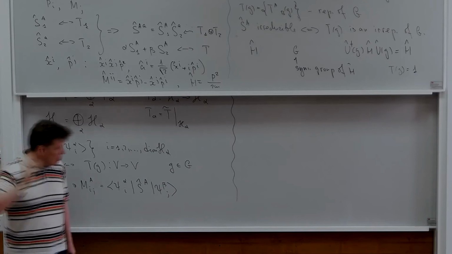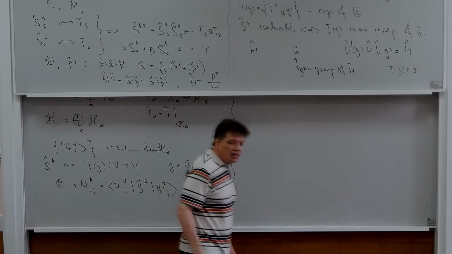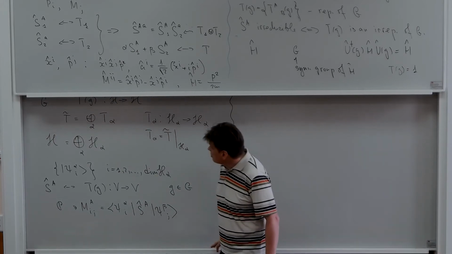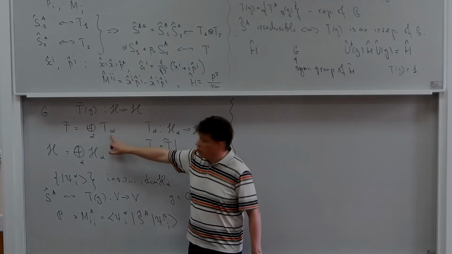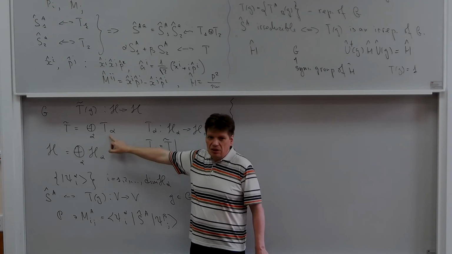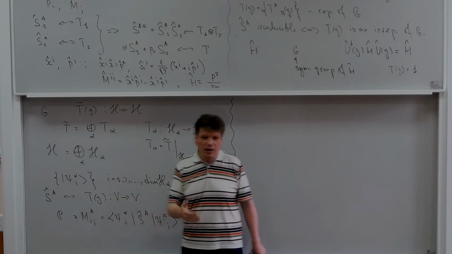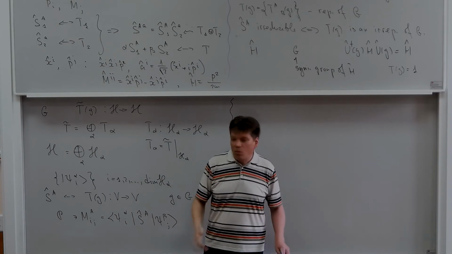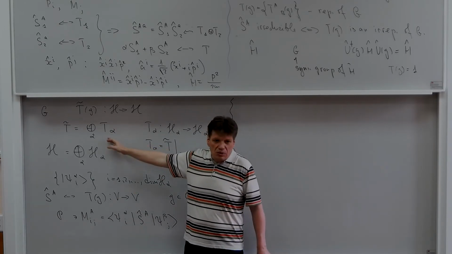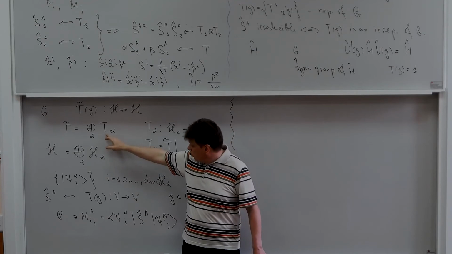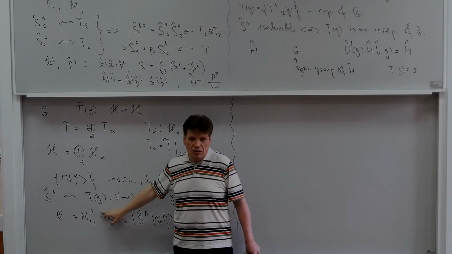It is interesting to know that we can give a definite answer to this question just considering the properties of the reducible representations T alpha and T beta, in group theoretical terms.